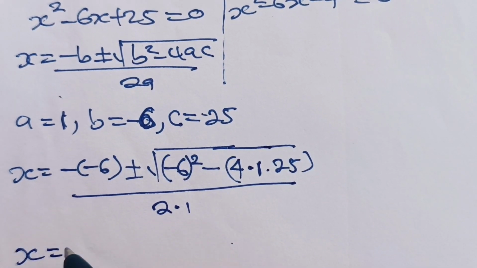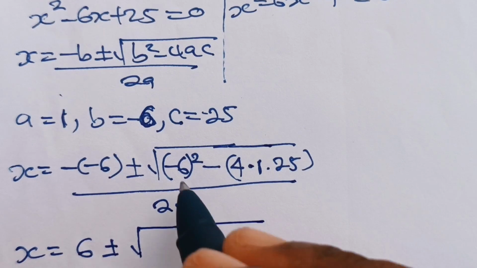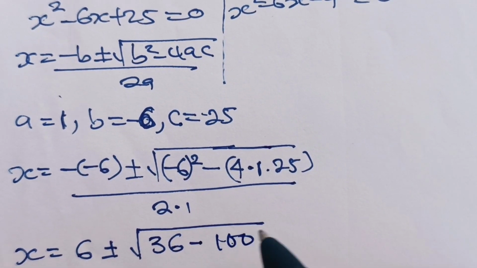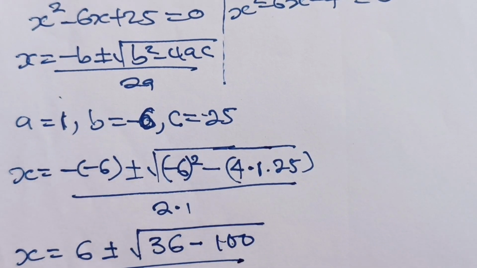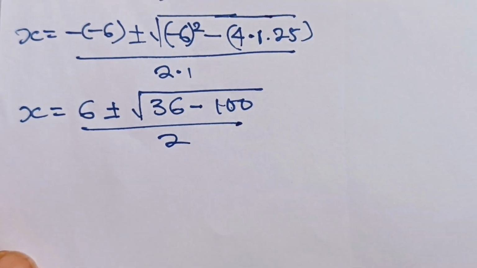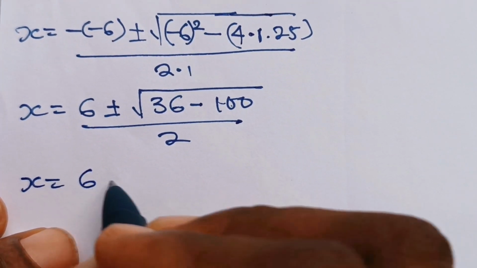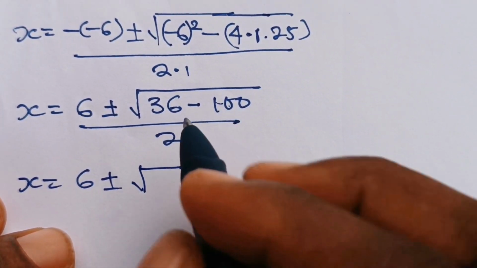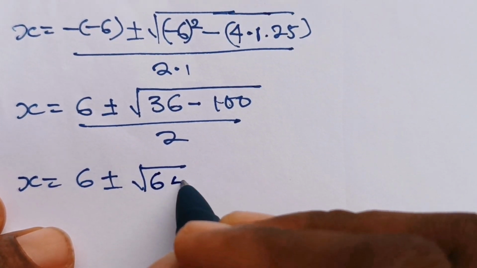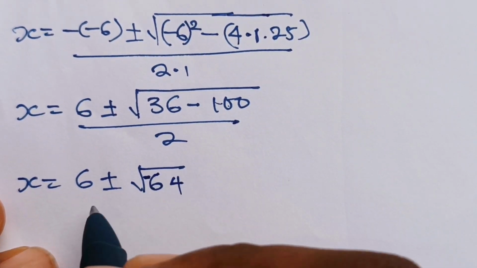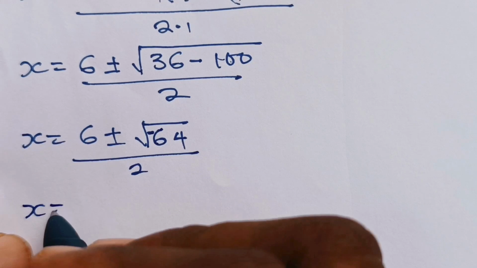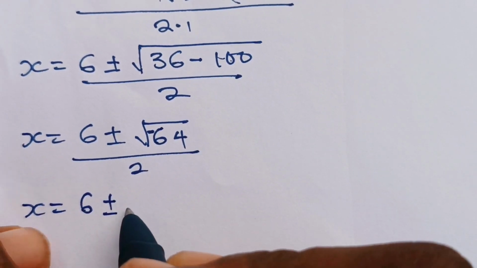So we have that x is equal to 6 plus or minus the square root of minus 6 squared, which is 36, minus 4 times 25, which is 100, everything divided by 2. So we have that x is equal to 6 plus or minus the square root of 36 minus 100, which will give us minus 64, sorry, everything divided by 2.